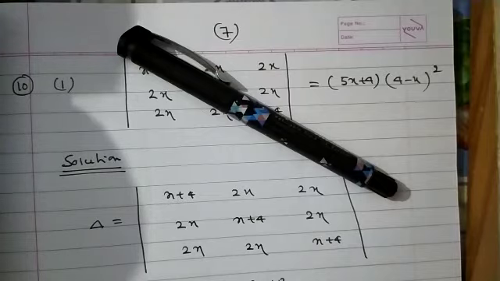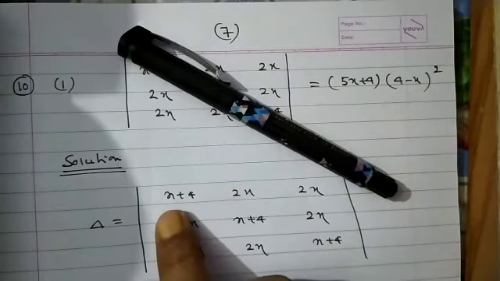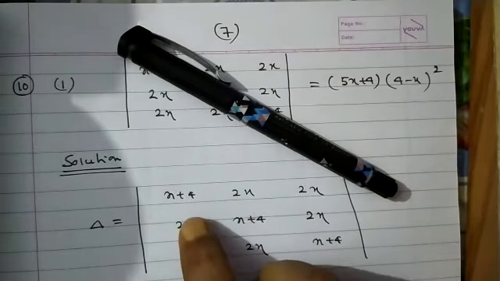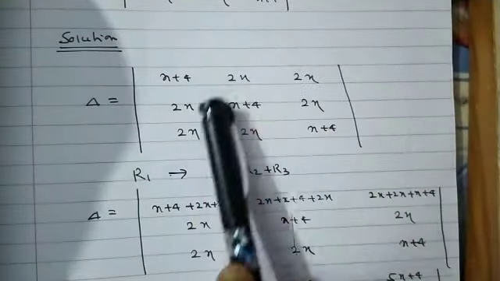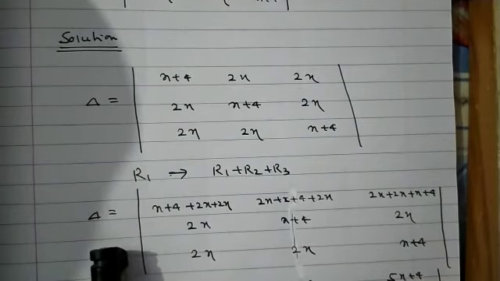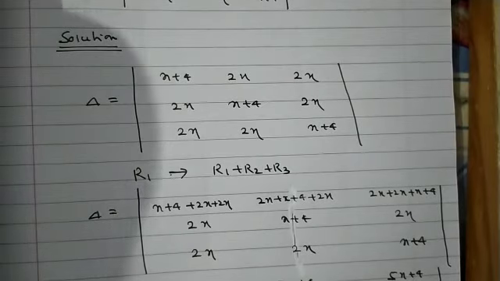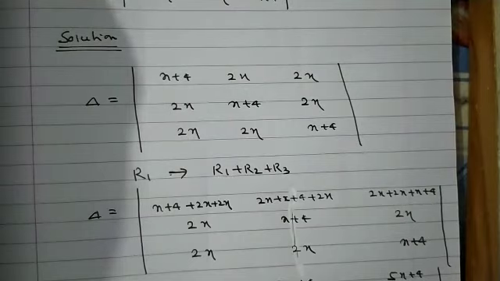It will be 2x plus 2x plus x plus 4, which is 5x plus 4. So by adding R1, R2, R3, we have 5x plus 4, 5x plus 4, 5x plus 4 in the first row, then 2x, x plus 4, 2x; 2x, 2x, x plus 4.